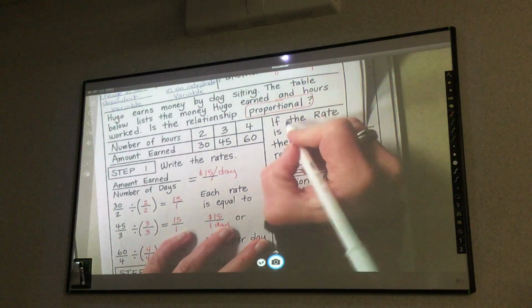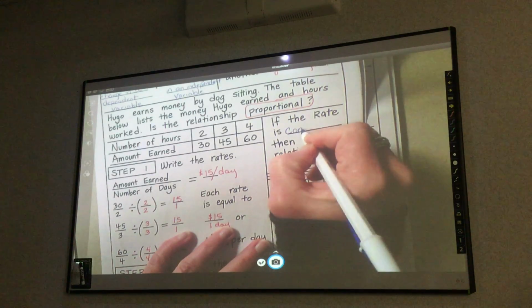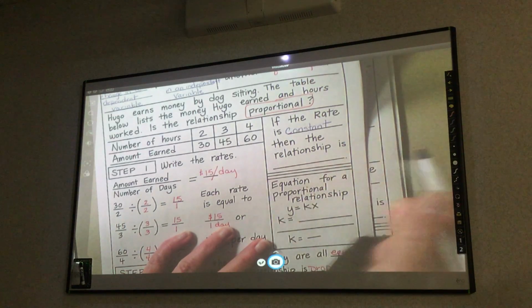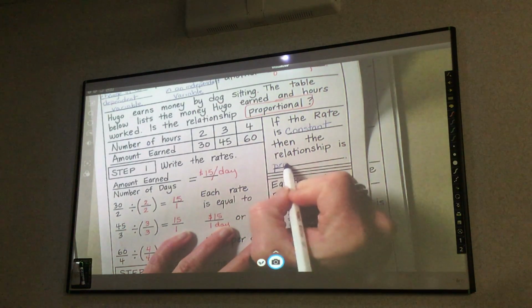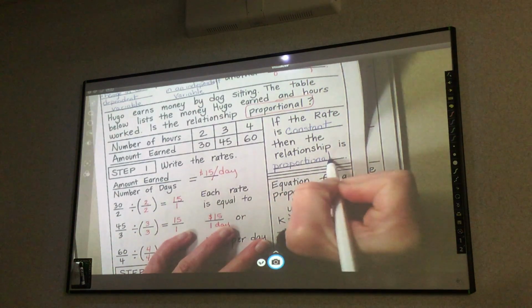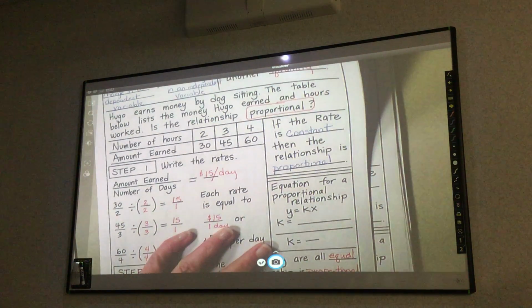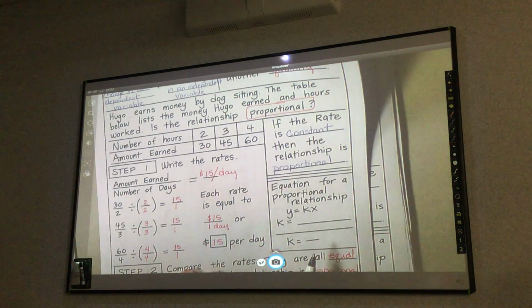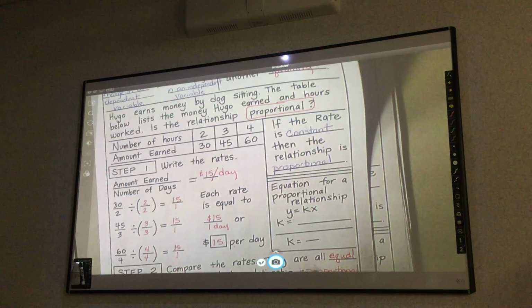So if the rate is constant, then the relationship is proportional. So basically you're saying they all have the same unit rate. And you can leave those unit rates in fractions, or you can bring them down to decimals.